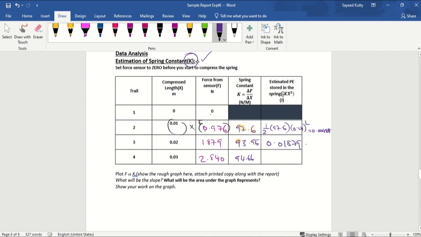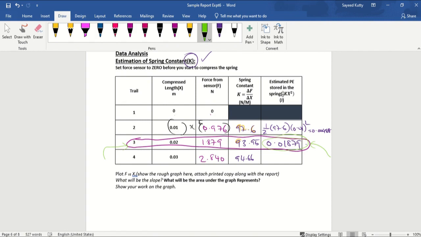And this is the one we will use today, because we calculated the potential energy for 2 centimeter compressed. Because you remember in the video I said we are going to do the experiment by compressing the spring by 2 centimeter. That's this reading. When we did the calculation, we get this, right? Or we can do it in many ways.